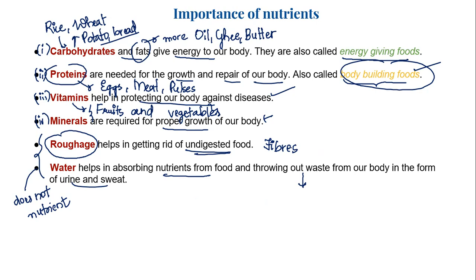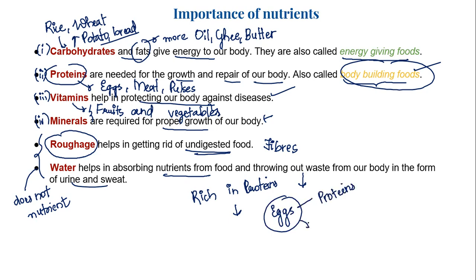Okay, so we have learned now about the importance of the nutrients, right? And also what are the food items which have these nutrients. So if you remember, I was saying eggs, meats or pulses are the foods that are rich in proteins. What do I mean by rich in proteins? It just means that, see, if I'm talking about eggs, it does not mean that it only contains proteins.